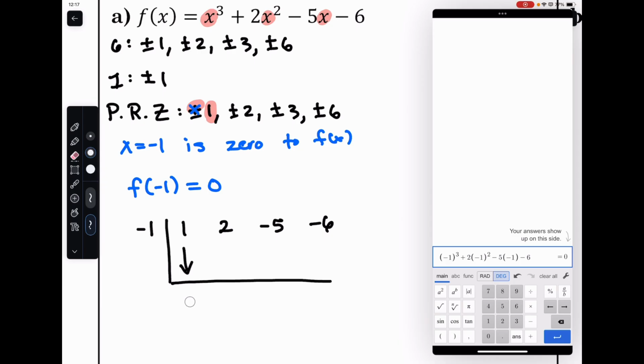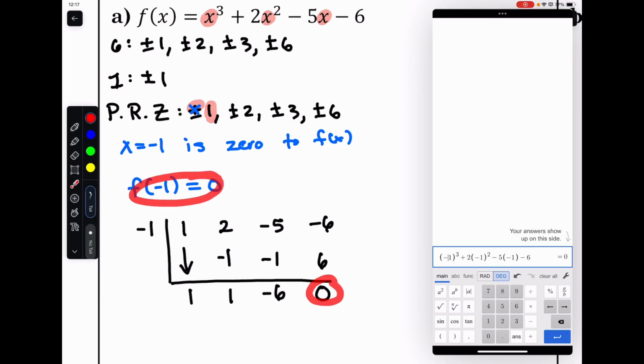So I bring down the 1 and multiply, giving me negative 1, and I add, which gives me 1. I multiply, that's negative 1. I add, that's negative 6. I multiply negative 6 with negative 1, it gives me positive 6. And you see I do get that remainder of 0 like I'm supposed to, because I checked it right here on my calculator.